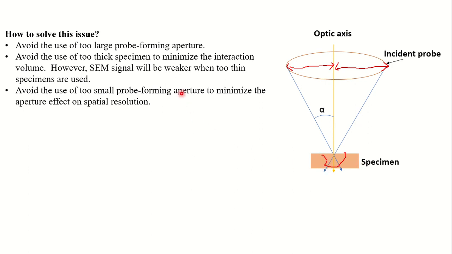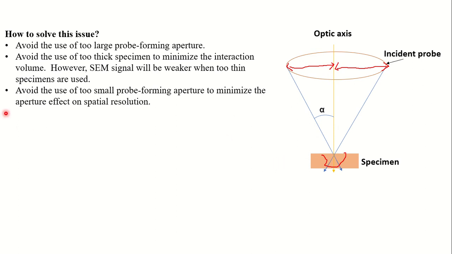And also if the sample is too thin, there will be a problem that will give us a poor image of the SEM. So avoid this condition. The specimen thickness should not be too thick or too thin.